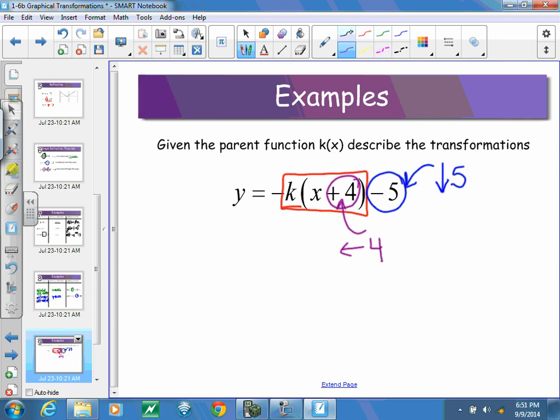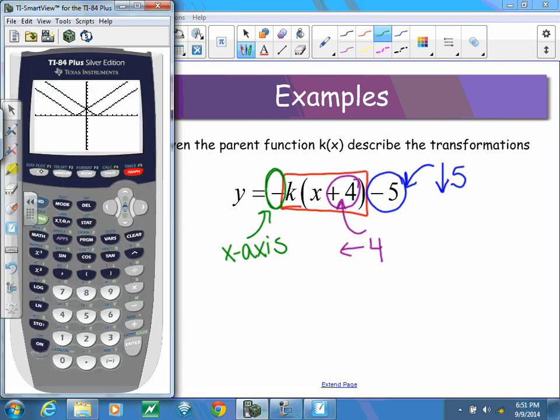And then you have the negative that's out in front of your function, and that's telling us that we're doing a reflection over the x-axis. So we have 3 things that are taking place to this function k of x. We have a reflection over the x-axis, we're moving the graph over 4 units, and we're moving it down 5 units.